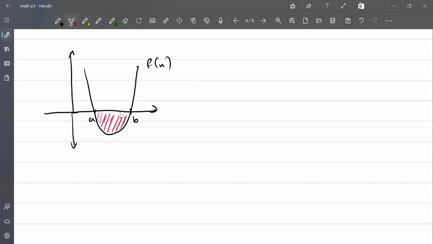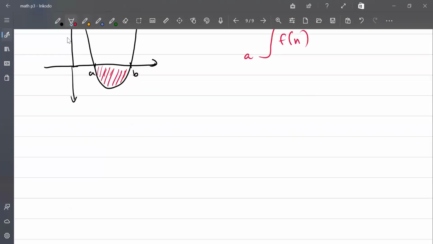So again, this is still area under the curve, because remember one thing: whenever it asks you the area under the curve, it will always be from the curve till the x-axis. This is the x-axis. No matter if the curve is below the x-axis or above the x-axis, it does not matter. The area will always be from the curve till the x-axis. So in this case, it would be the integral from a to b of f(x).